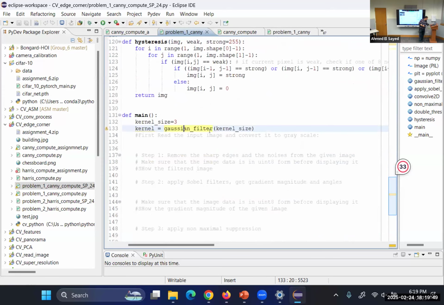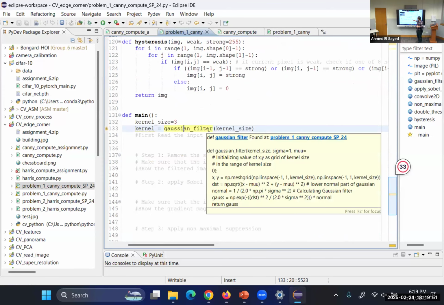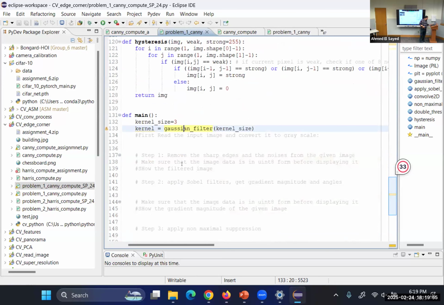After we generate the Gaussian kernel, we have to do the Gaussian filtering on the image to remove any noise that we have in the image. But before doing that, we have to make sure that the image is a grayscale image.